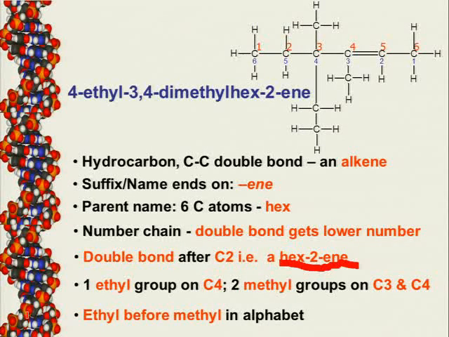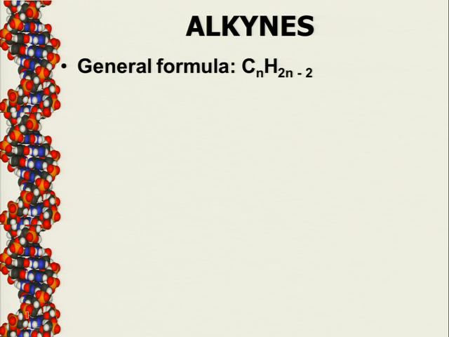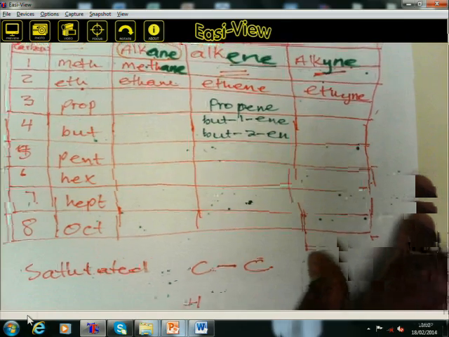Back to our presentation. So we are done with the alkane, we are done with the alkene. We are doing the last hydrocarbon, which is the alkyne. So the alkyne has a general formula of CnH2n-2. So if we go back to our table, you remember with the alkyne, you don't have the one with one carbon, because we said the triple bond has to be between 2 carbons.